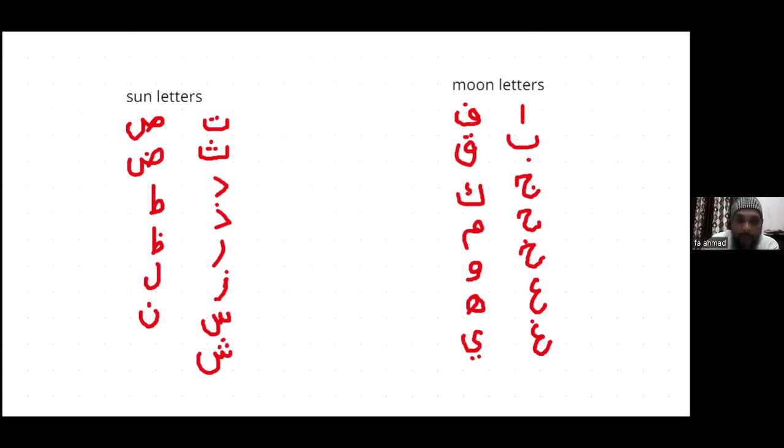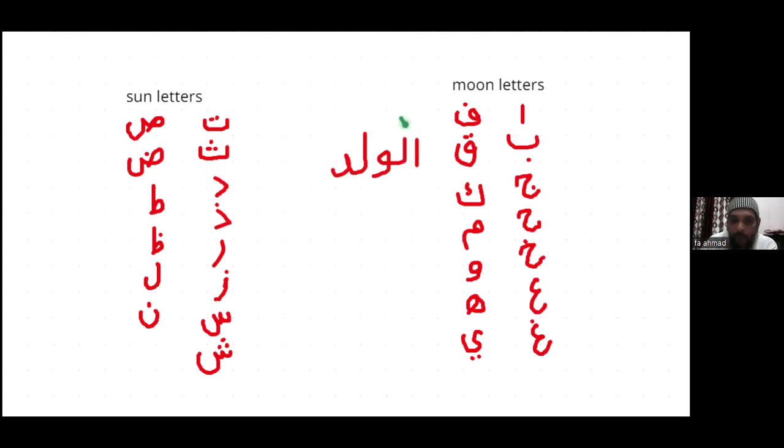Again I write an example, like al walad. Here the word is walad, and you prefix alif lam, the article the. So you read this lam.